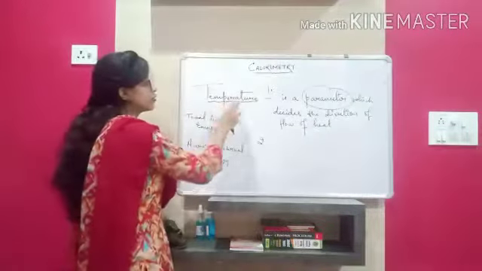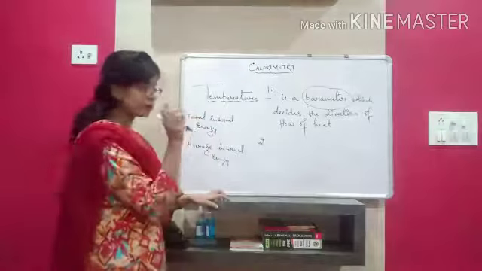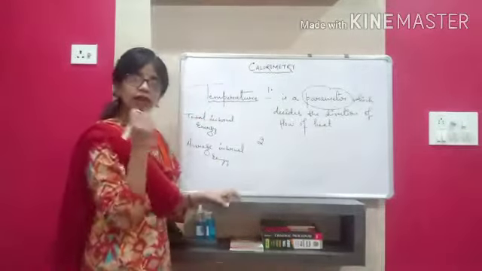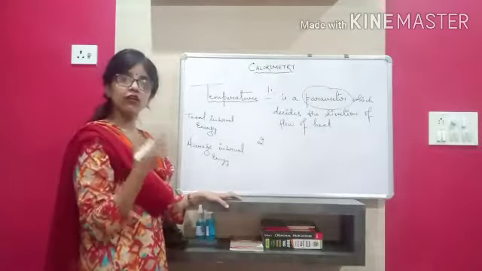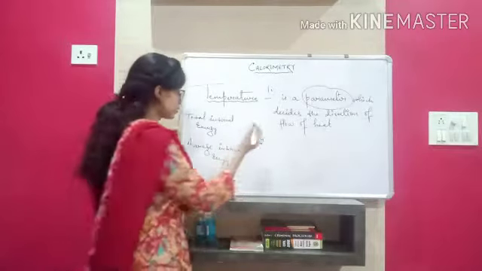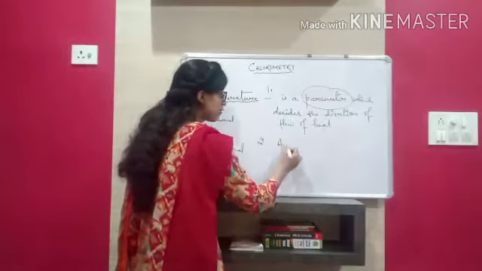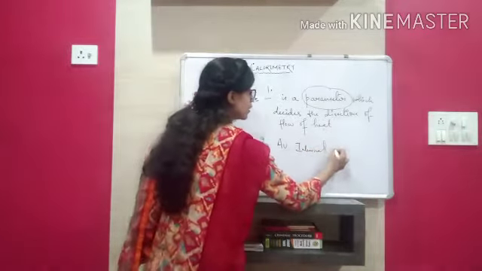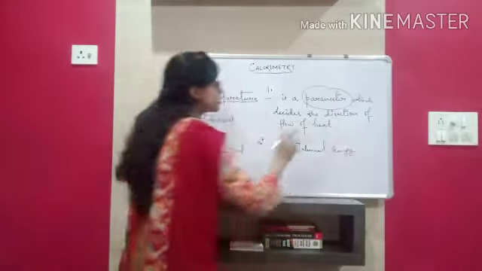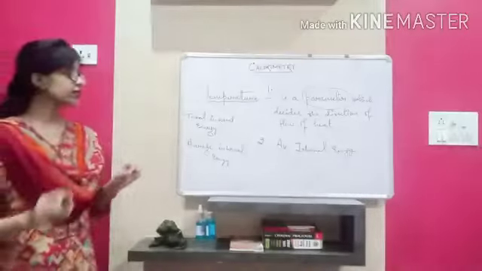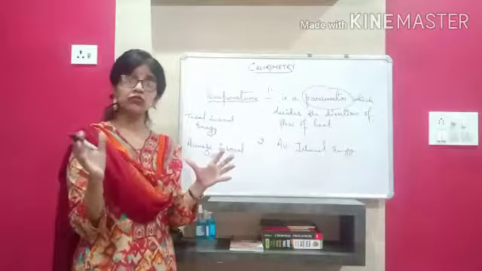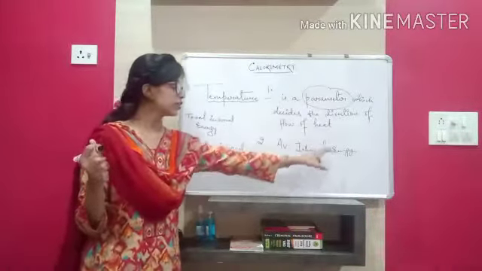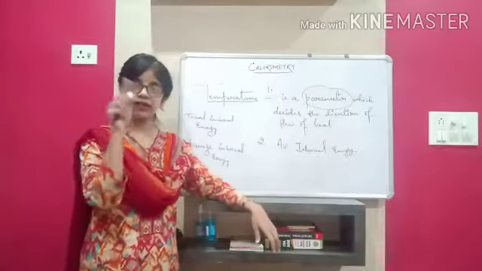Now if we talk about the definition of temperature, the temperature of a body can be calculated by calculating the average internal energy. That means if there are 10 molecules and you want to calculate average internal energy, sum them all and divide it by 10.